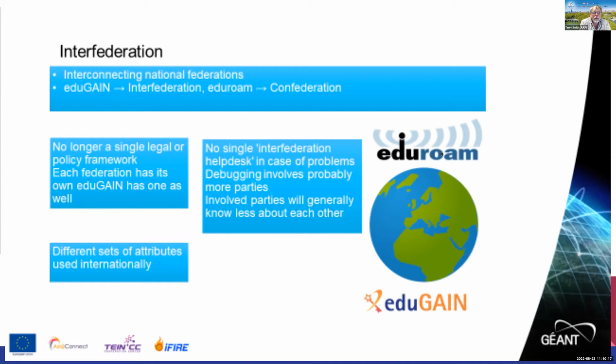And the other thing is that different sets of attributes are used internationally. One federation will release lots of attributes, another might not release many unless actually prompted to. That's depending on the rules of each of the federations and the rules of each of the individual identity providers. The Europeans have been doing interfederation for a lot longer, and they started with a base of very few attributes, and that's now causing them a lot of problems.